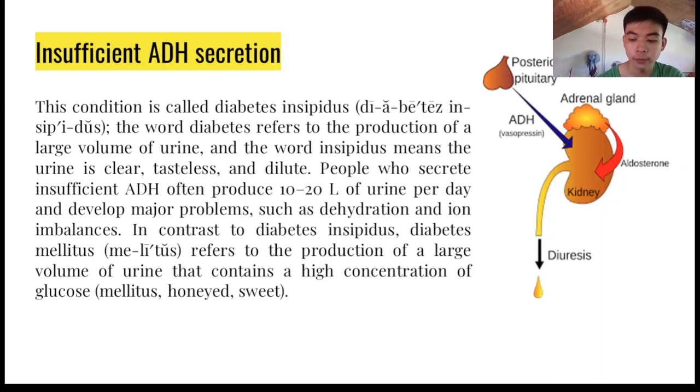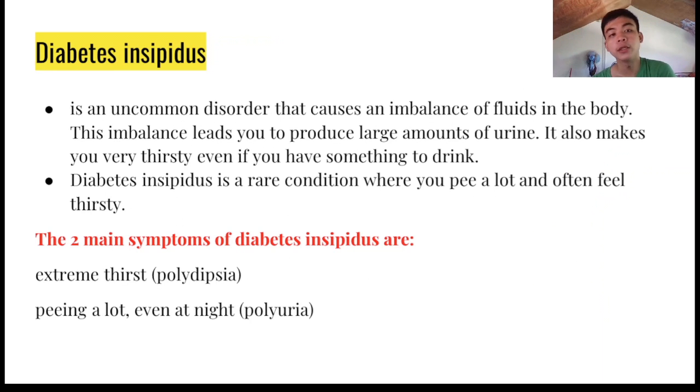thirsty. So next, diabetes insipidus is an uncommon disorder that causes an imbalance of fluids in the body. These imbalances lead you to produce a large amount of urine. It also makes you very thirsty. Like I said earlier, it makes you thirsty even if you have something to drink.